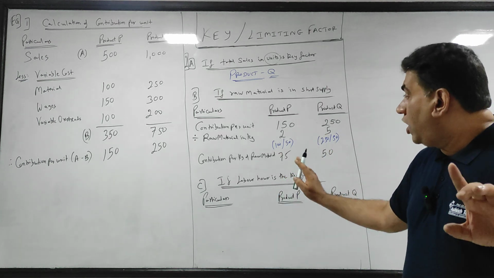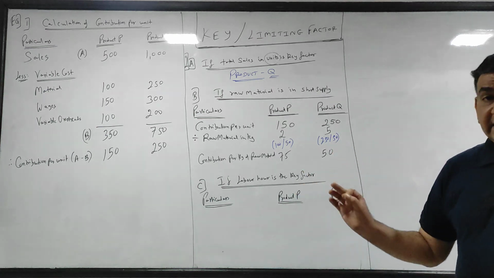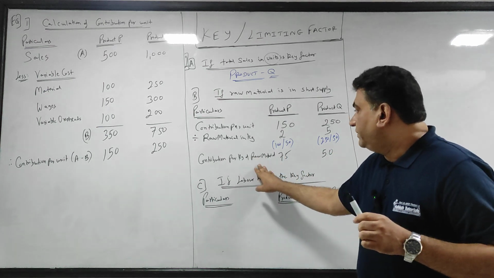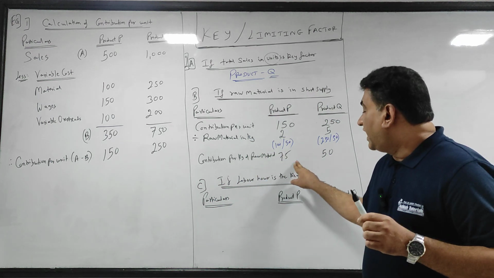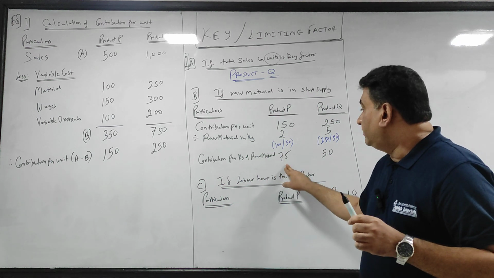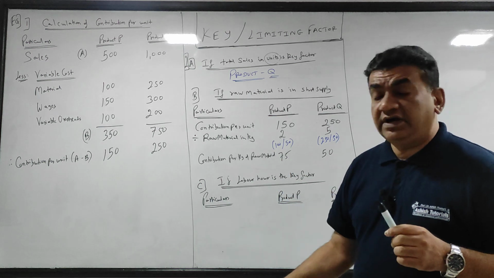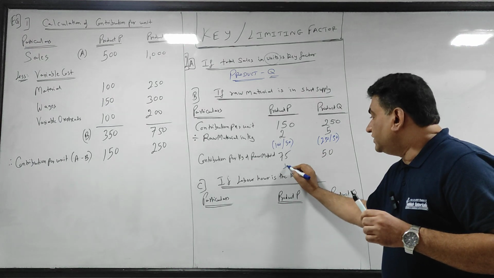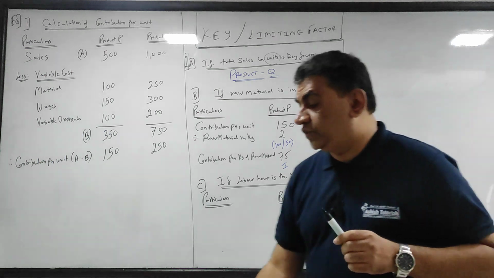Because raw material was in short supply, and when raw material is in short supply, I will take the contribution per kg of raw material. Got it? Whose contribution per kg is higher? P's. So what will I do? First preference P, second preference Q.